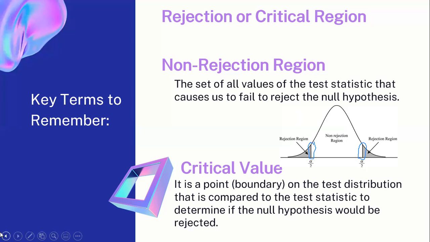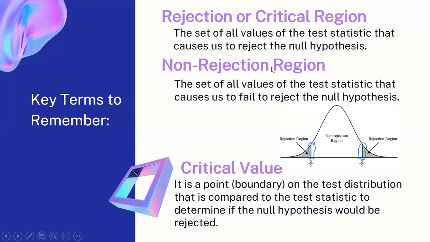But if your test statistic value falls on the rejection region, which is the set of values of the test statistic that causes us to reject the null hypothesis, on the other side, it means you need to reject your null hypothesis, and all you have to do is to accept your alternative hypothesis.